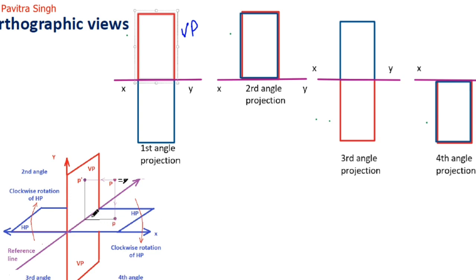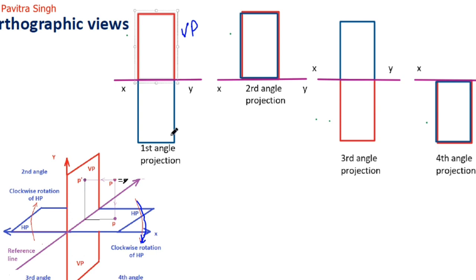To make it more clear, we will see this figure. You can see in this figure, this is the vertical plane in red color, and this is the horizontal plane in blue color. This is the xy line, the reference line.